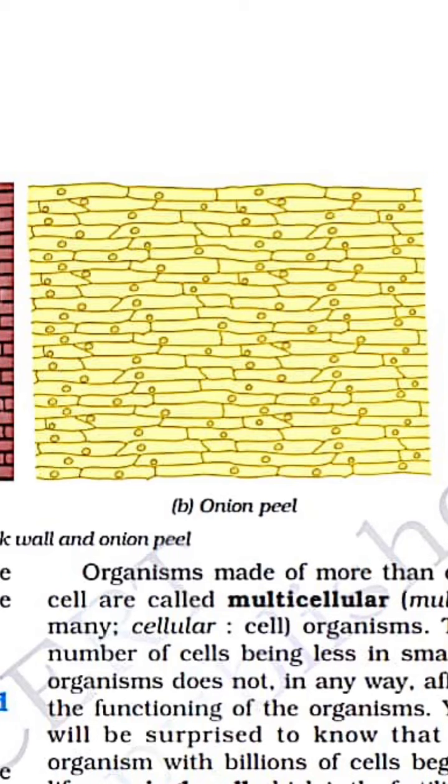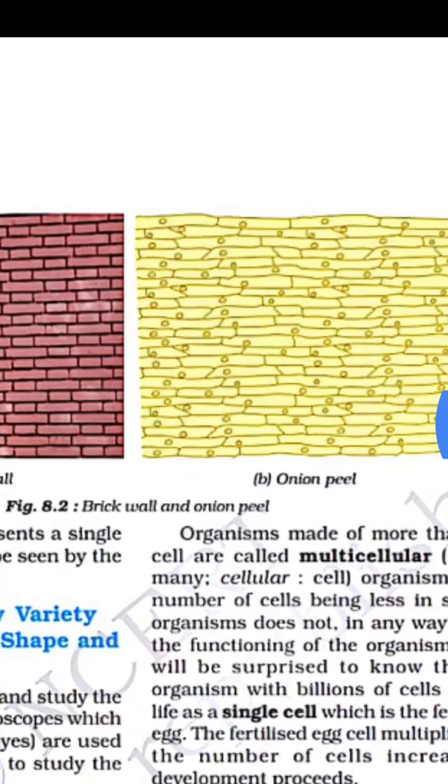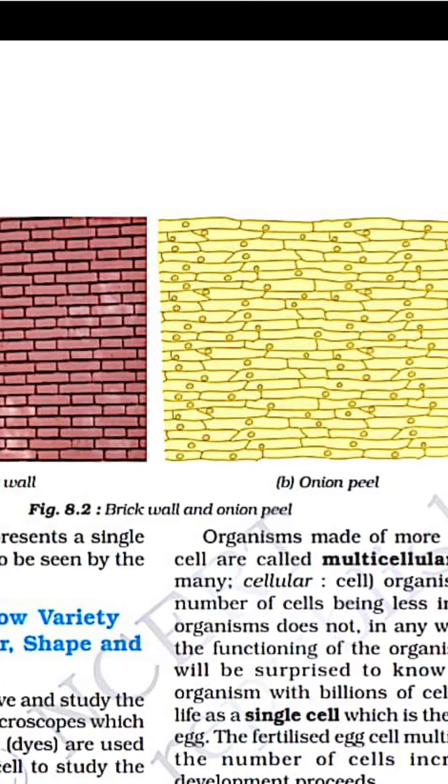By this, we can say that flowers, fruits, and vegetables also have a cell structure. With the help of the thin peel of the onion, he observed the cell structure. By seeing this, we can say that the cell structure is somewhat more complex than the brick wall.